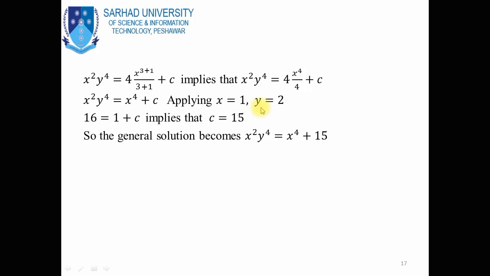Now putting x is equal to 1 and y is equal to 2 in this expression, 1 square is 1, and y value 2 power 4 is equal to 16, and 16 is equal to, now x power 4 is equal to 1 since the value of x is 1, so 16 is equal to 1 plus c, which implies that c is 15. Now putting this value of c in the general solution, we obtain x square y power 4 is equal to x power 4 plus 15.